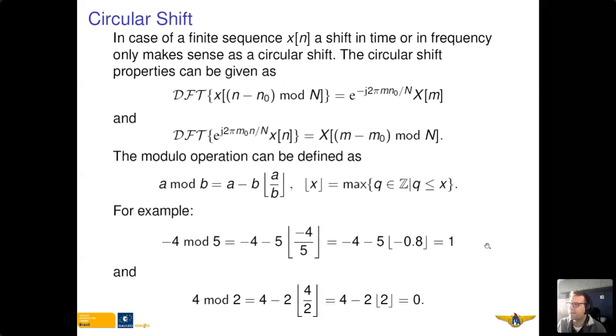So for example, if we have minus 4 modulo 5, this is minus 4 minus 5 times the floor of minus 4 divided by 5, and we take the highest integer value of this. So this is minus 4 minus 5 times minus 1. So in the end, this is 1. Or also 4 modulo 2, so 4 minus 2 times the floor of 4 divided by 2, which is 4 minus 2 times 2, and this is 0. So this is the circular shift.